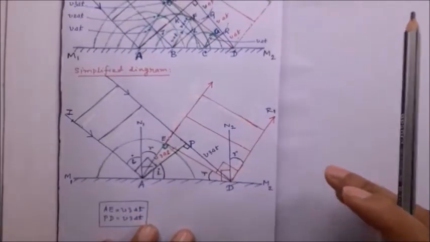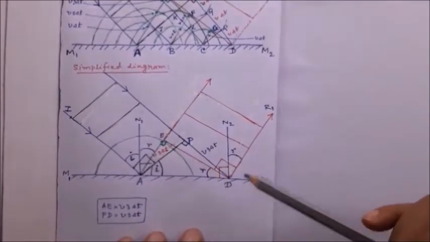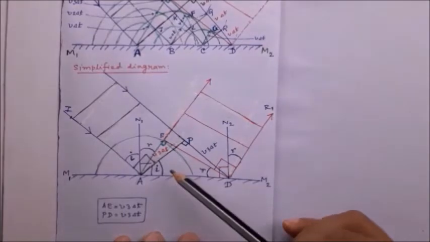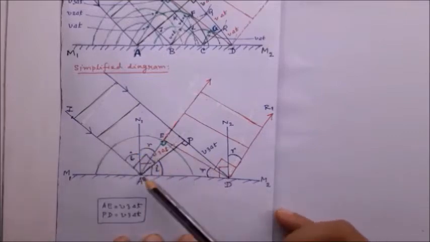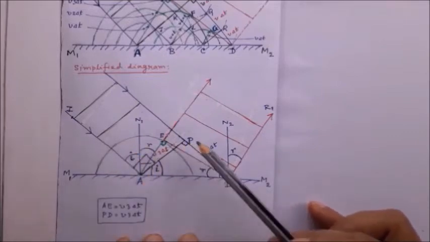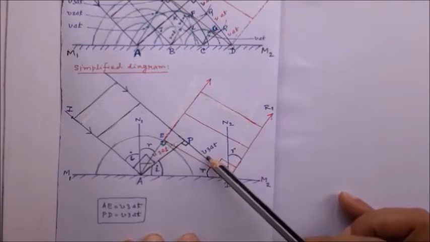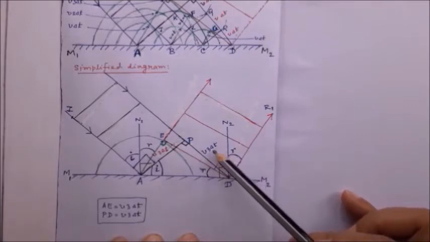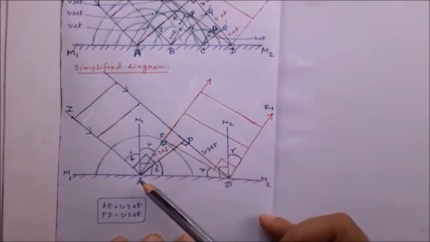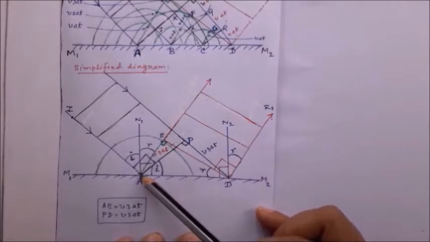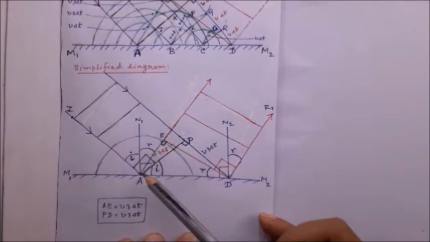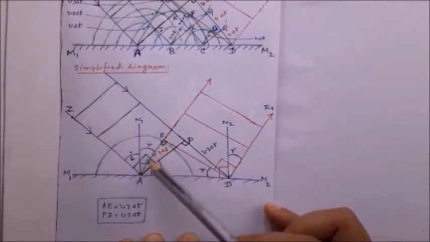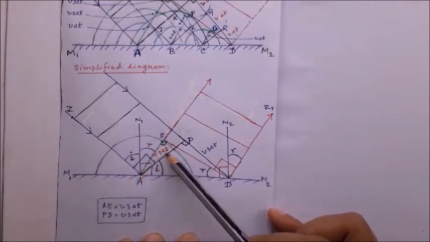So let us focus attention to the simplified diagram, which is essentially the previous one, and here IA is the ray advancing forward and AP is the incident wavefront. Now P goes to D in time V3 delta t, and in the same time A will send out waves over a sphere having radius of this amount, which is also V3 delta t.